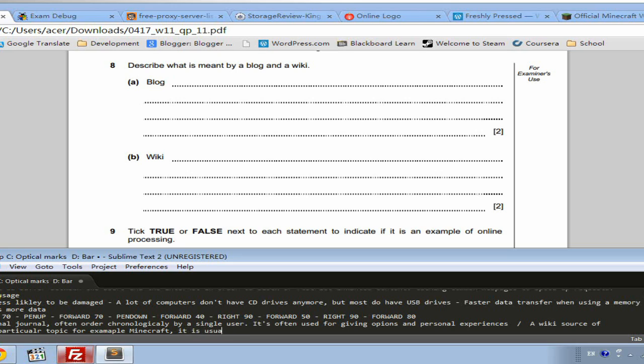It is usually edited by multiple users and ordered in terms of content. Yeah. Okay. You could add in something about, because it's got so many users, it's not entirely reliable for a wiki. But again, this is sort of being proven untrue these days, so be careful with that one.